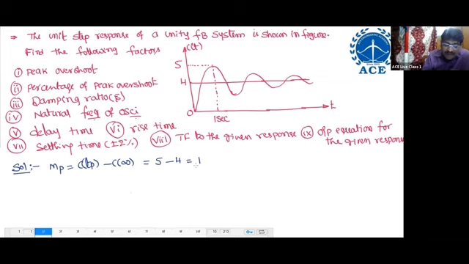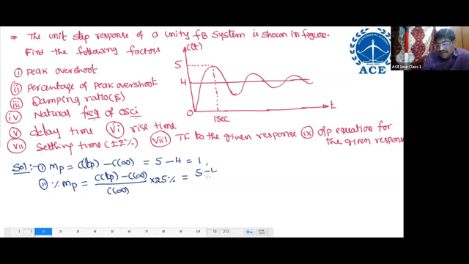Next, percentage of MP equals C of Tp minus C of infinity by C of infinity into 100%, that is 5 minus 4 by 4 into 100%, which equals 25%.